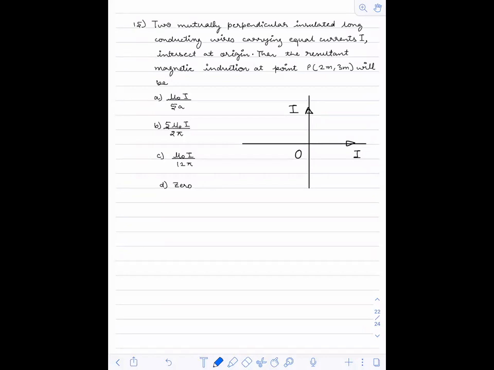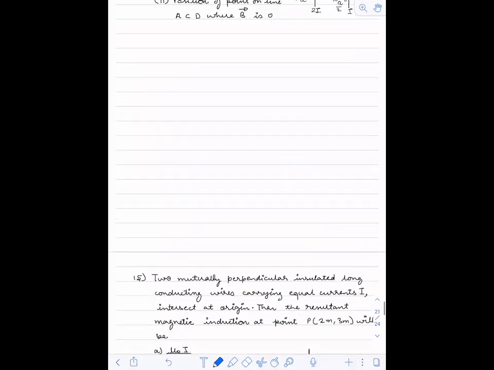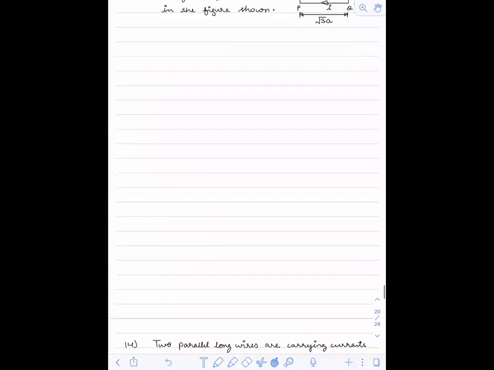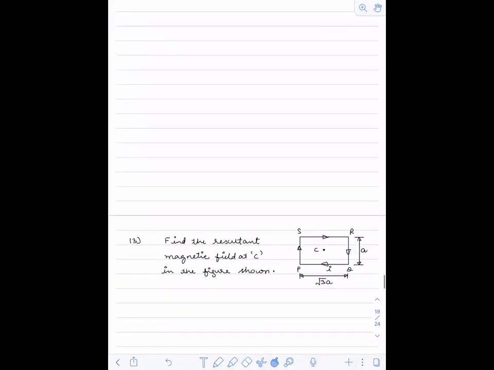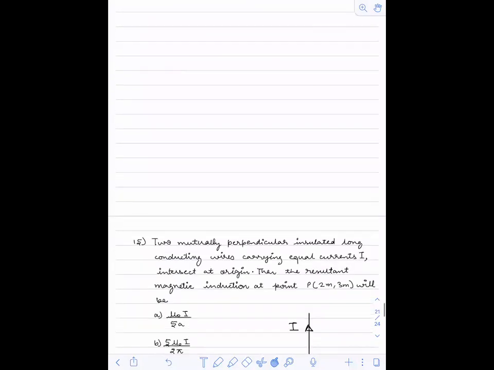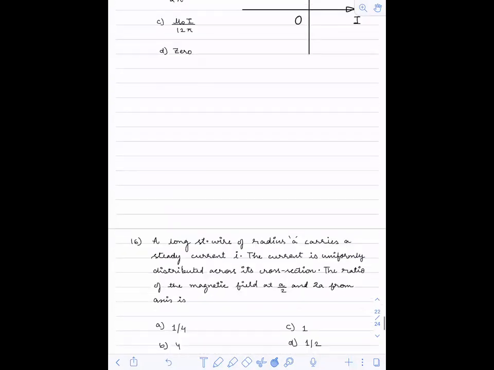Is it okay? So today's homework, take the solutions from the Learnity: 10, 11, 12, 13, 14, and 15, 16 will go on Learnity.